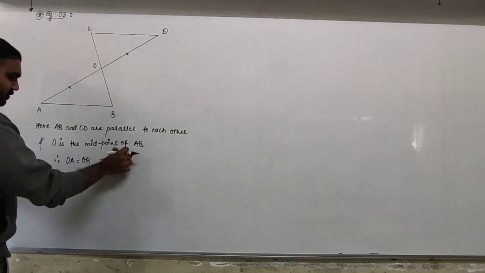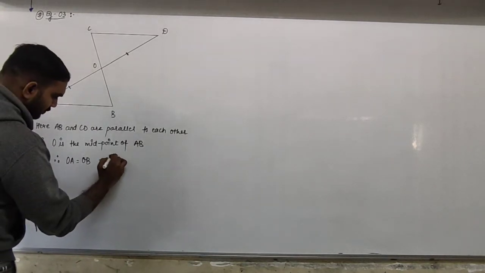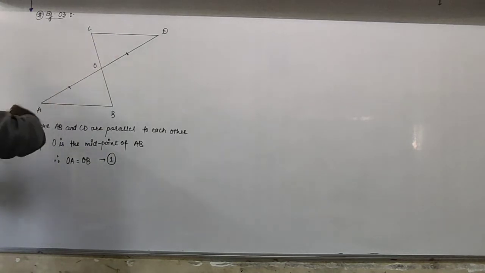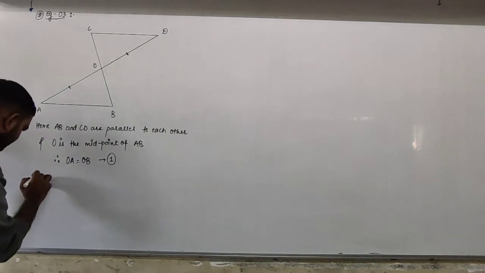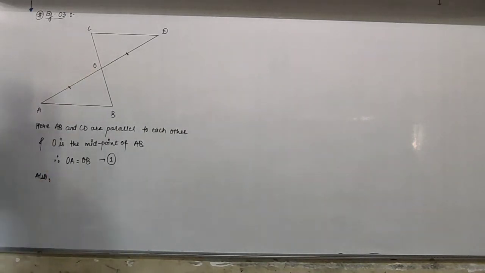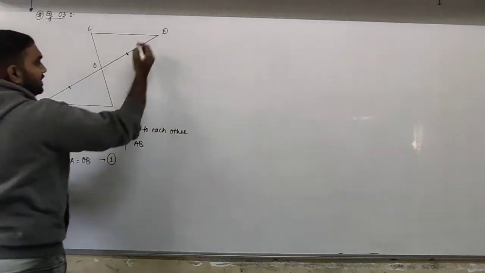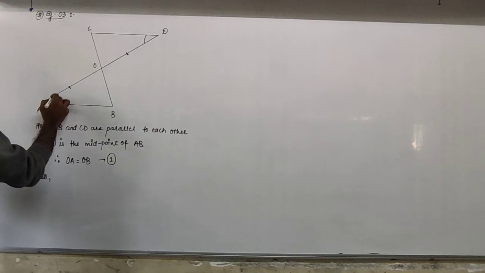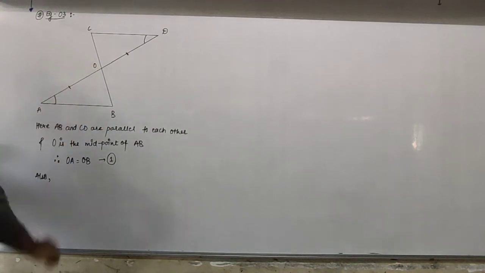Then one more thing we have: AB and CD are parallel to each other. That means this AD will be the transversal, yes or no? So also, if this is a transversal, the corresponding angles will be equal. Which corresponding angles? Angle CDO and BAO, they will be equal.